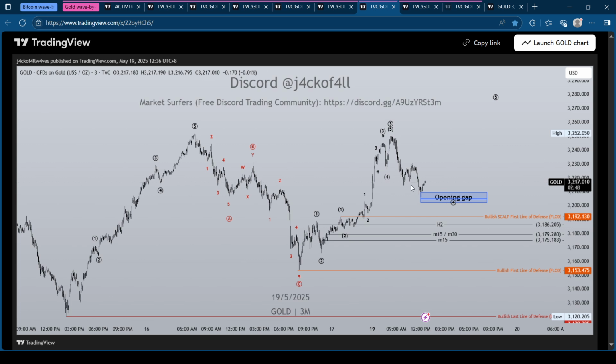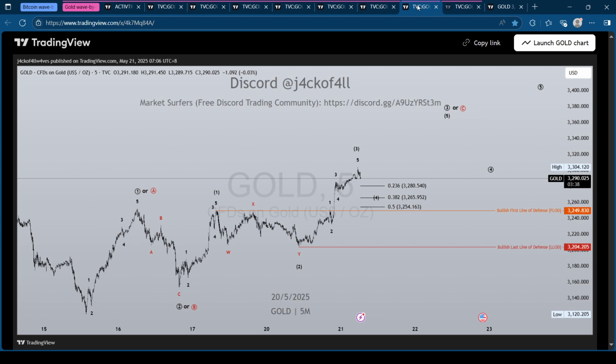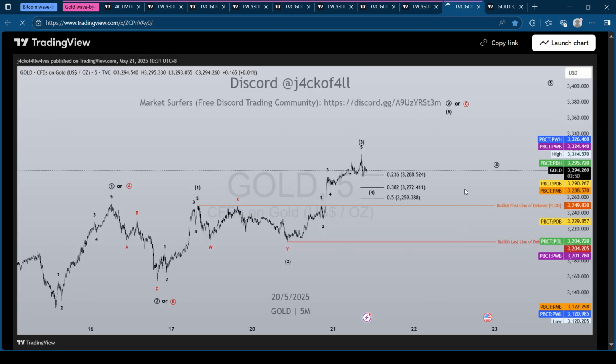So in this case, I labeled this as my possible POI for the continuation or the reversal of the trend. Now, after that, we saw that gold created a new high today. So I considered counting it as wave 1, 2, and this one, the impulse wave with the new week opening gap, will be considered as wave 3, and then 4, 5, and then after this is what happened.